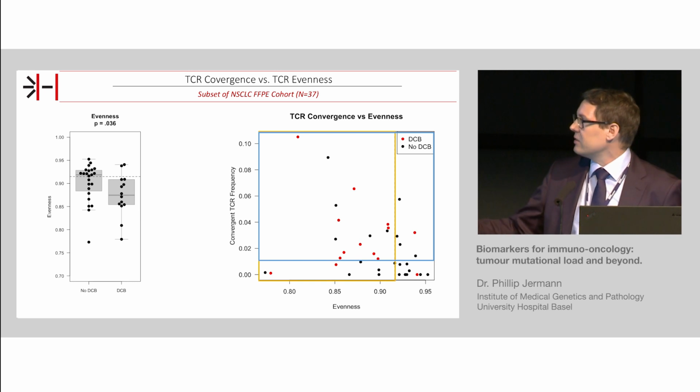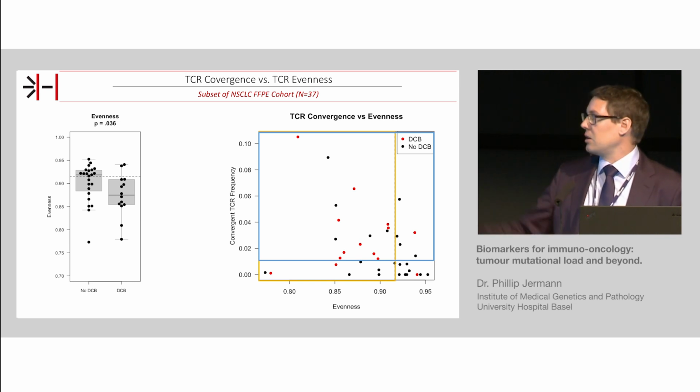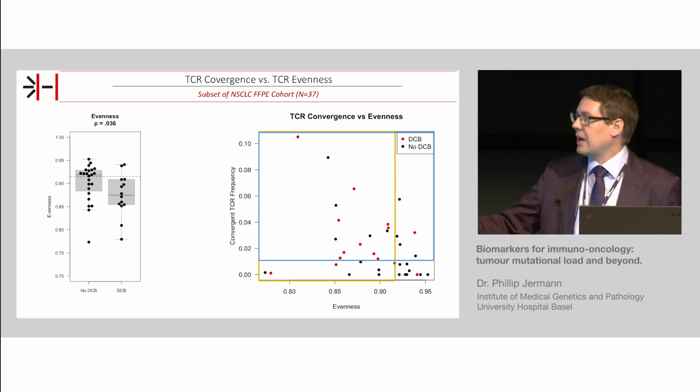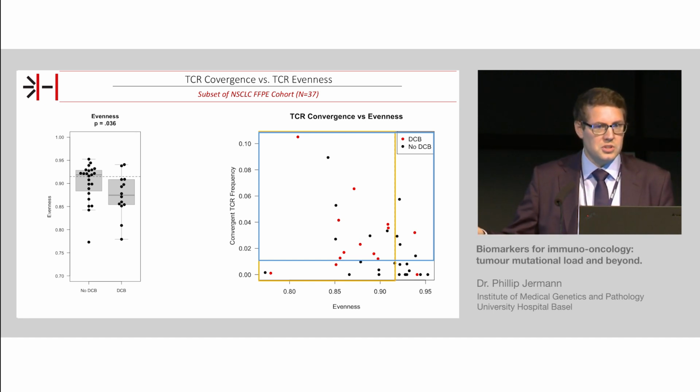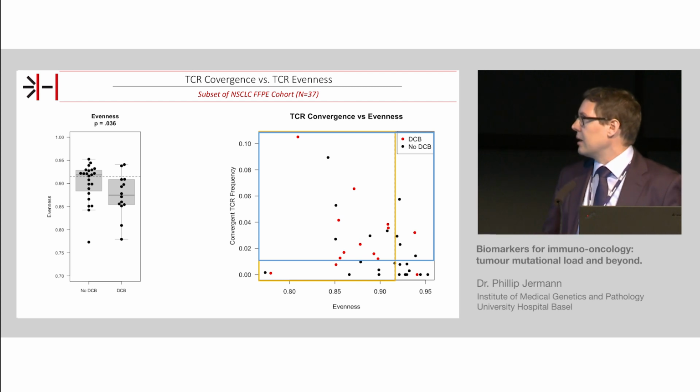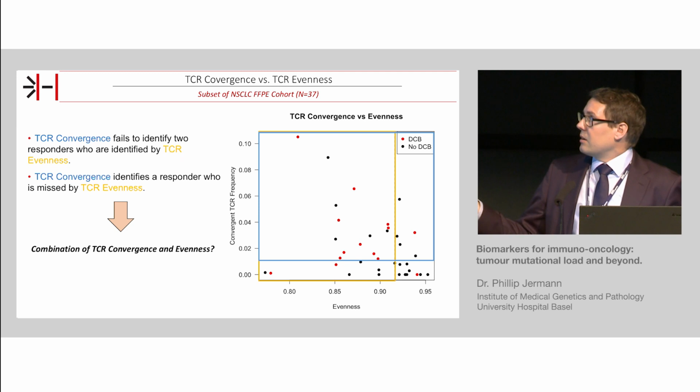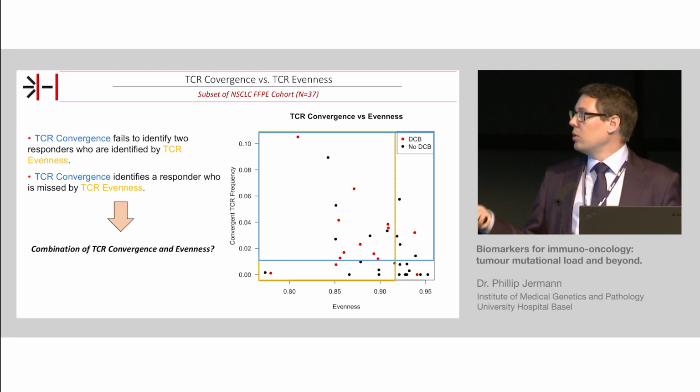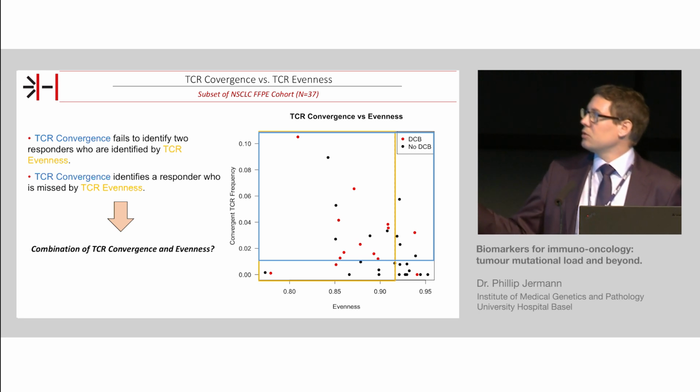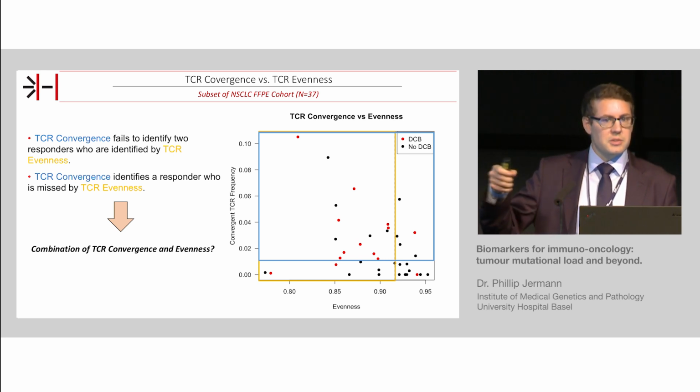And now if we add evenness, so everything below that cutoff, we do catch an additional 2 responders. Of course, keep in mind, we also include now non-responders, so this has to be kept in mind. So basically, evenness identifies an additional 2 responders, while convergence identifies 1 responder missed by evenness.